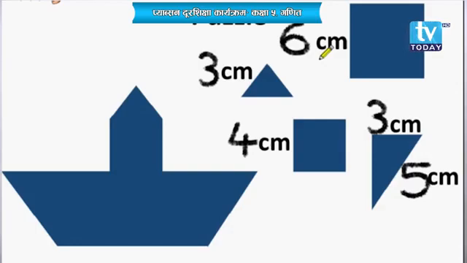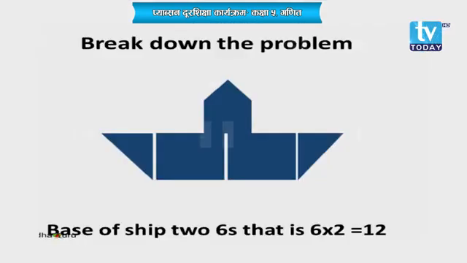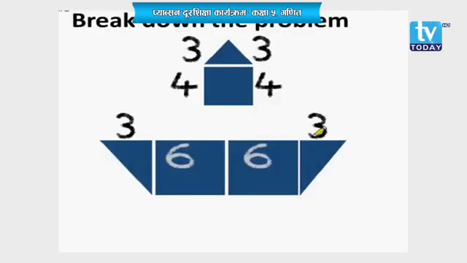And the one below seems like a square, right? It's 4. And on the side, you can break it down. Have you seen the breaking down of the problem? Over there you can see that the triangle is broken down below, and there are two triangles, and in the middle it seems like a square, right? Have you noticed? Have you broken down that boat already? Okay students, now find the perimeter of that boat.